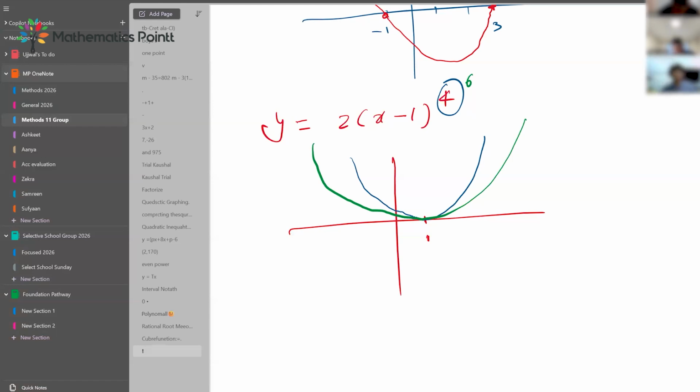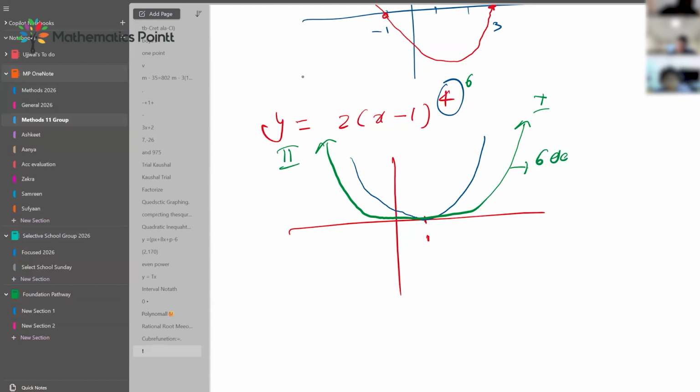The mouth starts to become even wider. That's how it's going to be. It's still a U pointing in the same direction. Now this is a 6-degree polynomial. Mind you, this is not a quartic, this is even 2 degrees up.